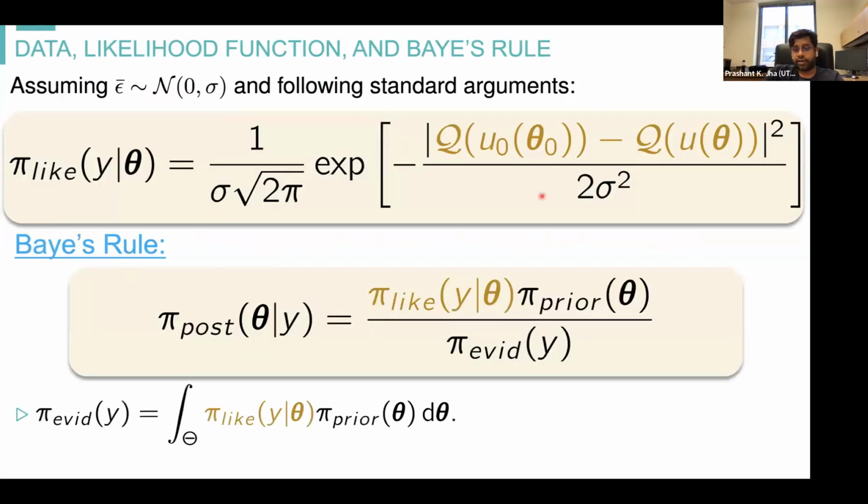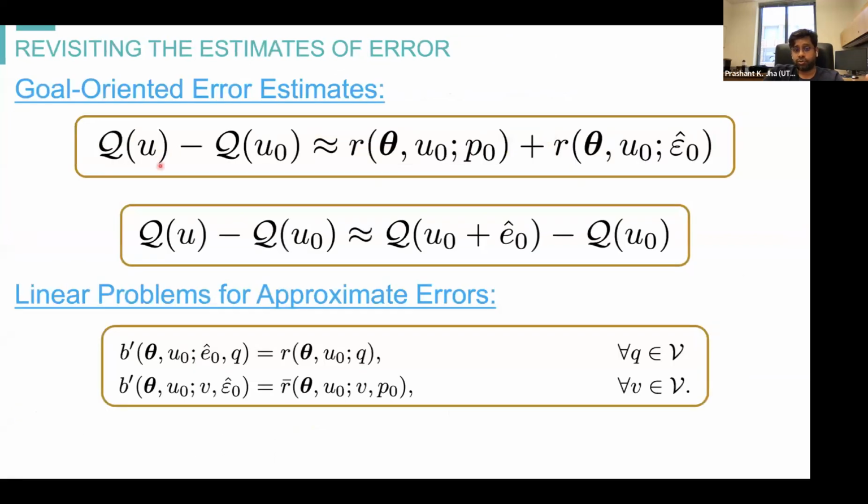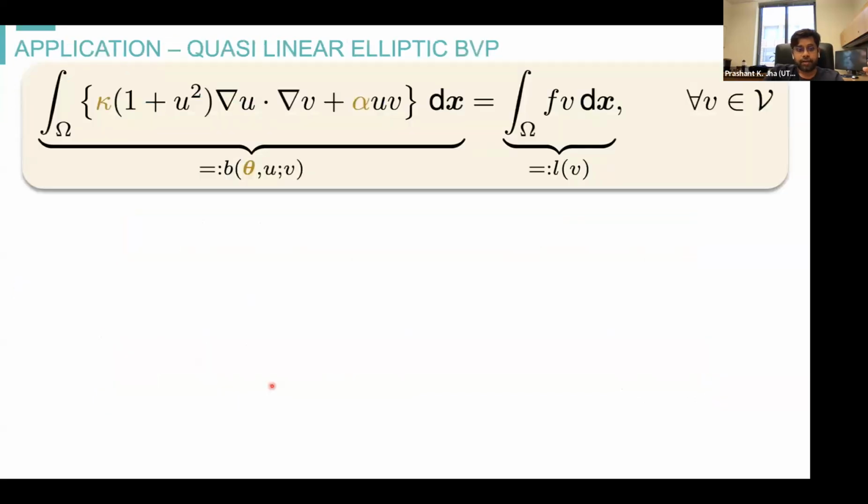At the heart of this likelihood is the goal-oriented error, and I'm going to use one of these estimates of the goal-oriented error, which entails solving for the estimate of error E0 hat and epsilon 0 hat, okay?